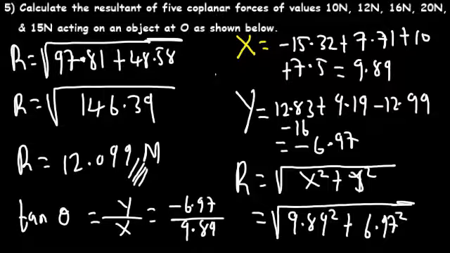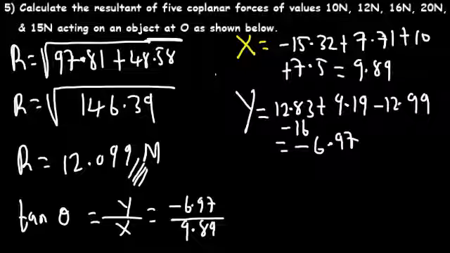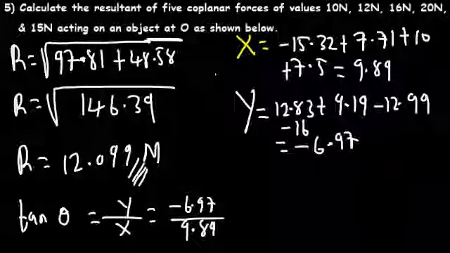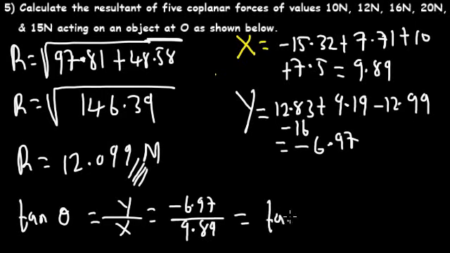Are we together? Perfect. So I type that into my calculator. Negative 6.97 divided by 9.89. Alright, that's 0.704.